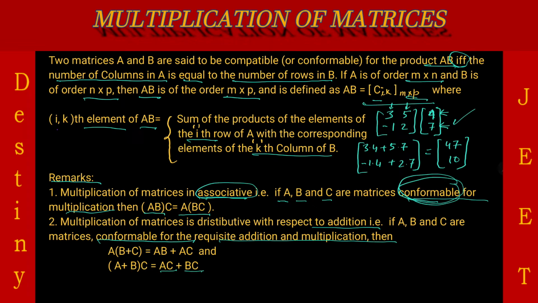These are the conditions which we should know before your multiplication starts. Now here you have to remember that multiplication of matrices is not commutative. It is not commutative. Is it clear?